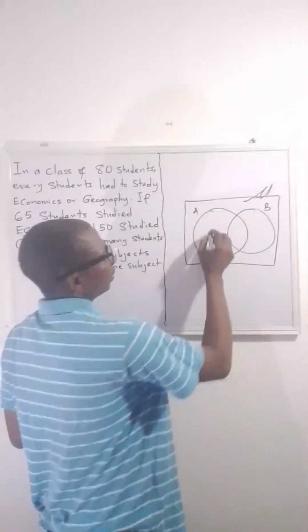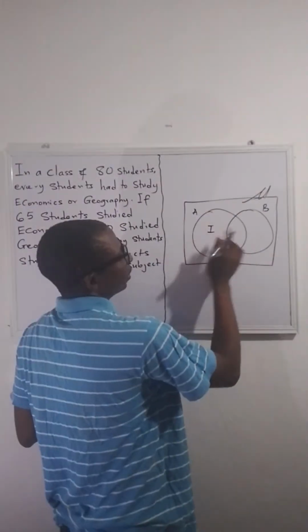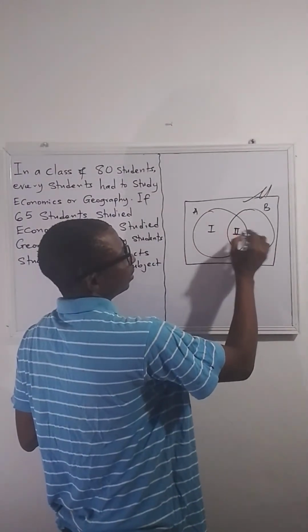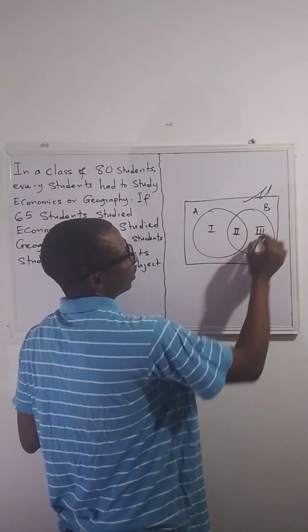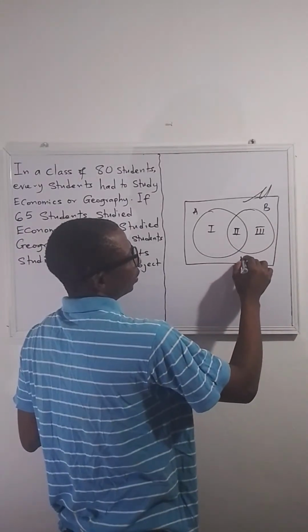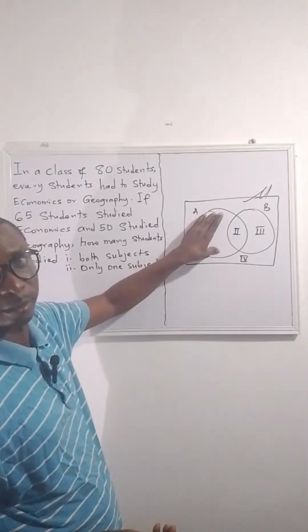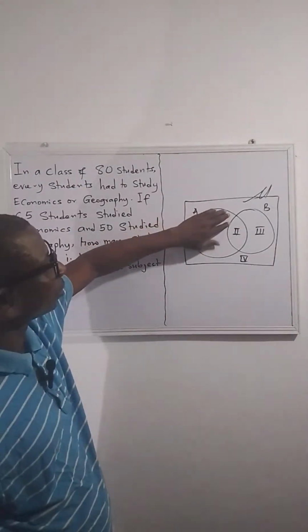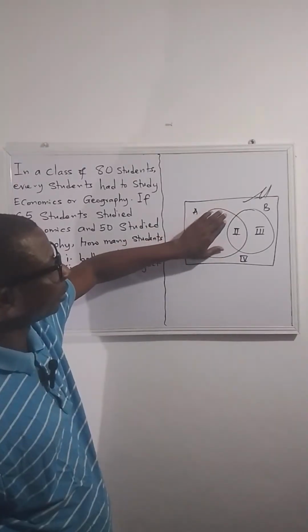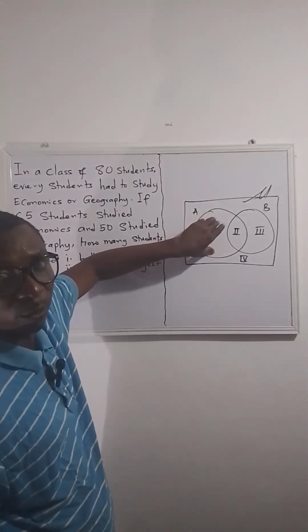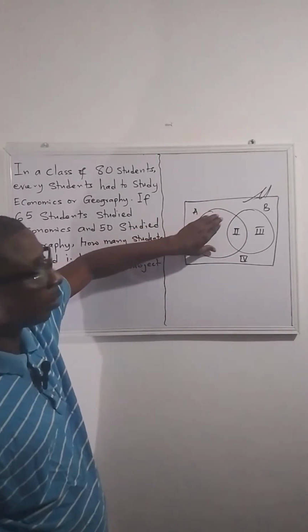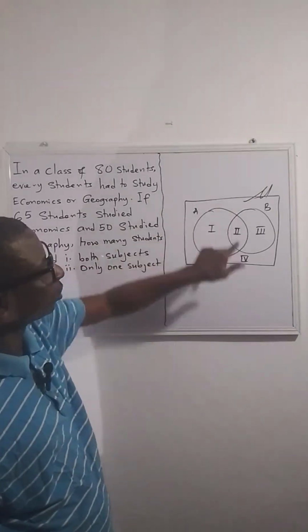Now, the first one is this. The second one is this. The third one is this. And the fourth one is the one we have outside here. Now, let us look at the first part. When you look at this region, you can see this is just a region of A only. And look at this region.